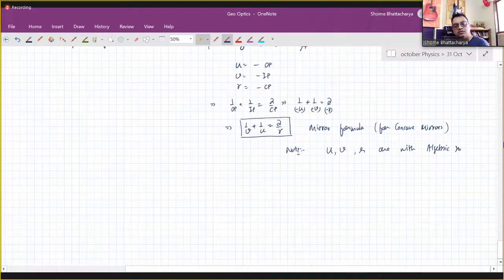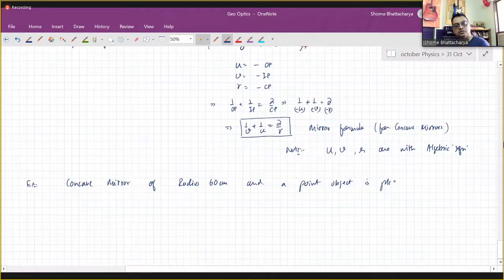Okay. So let's look at an example. We have a concave mirror of radius of curvature, let's say 60 centimeters. Okay. And a point object is placed at a distance of say 180 centimeters, 45 centimeters, and 15 centimeters from its pole.